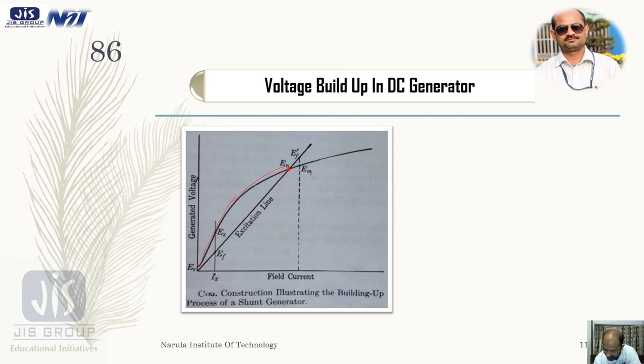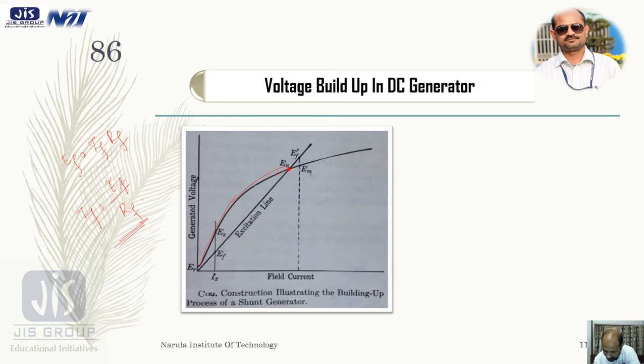Now the excitation line is plotted as I have mentioned from EF equals IF RF, so IF equals EF by RF, where RF is the total field resistance including the rheostat, and this is a straight line passing through the origin.